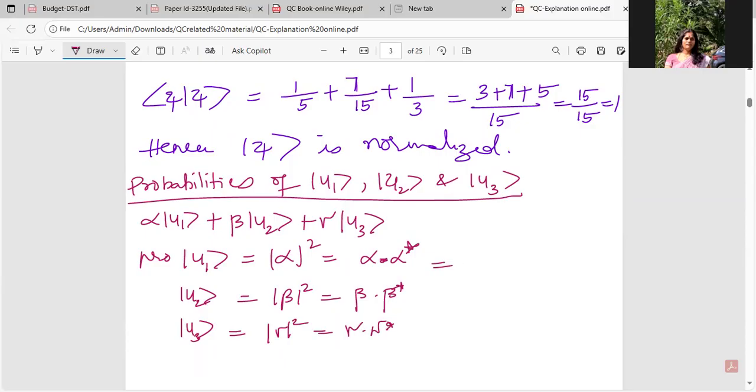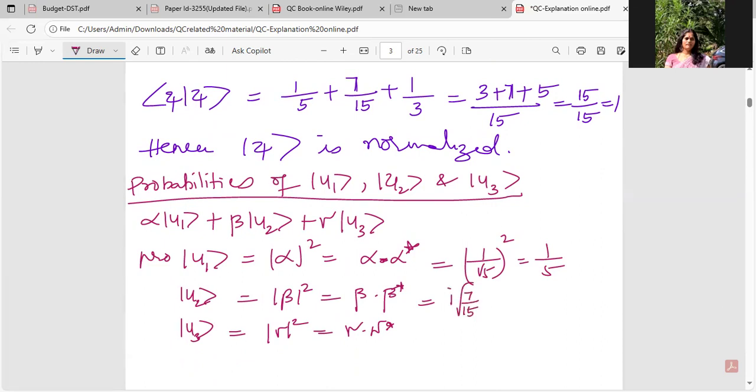So what is alpha? Alpha is 1 by root 5. So 1 by root 5 whole squared is nothing but 1 by 5. Next, beta is i root 7 by 15.